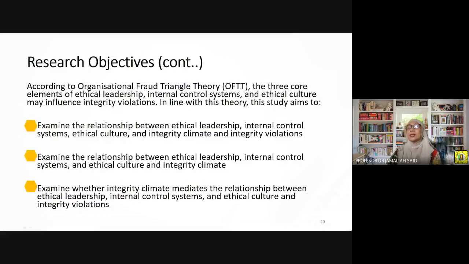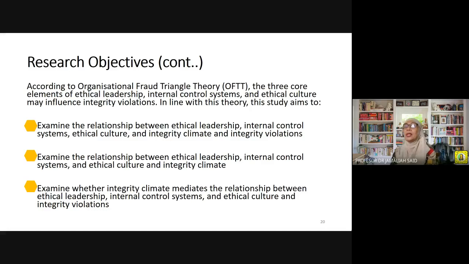So this is Afzal. Again, I just stick to one thesis as an example. Afzal is doing integrity violation in the public sector. So I just cut and paste part of his objective.